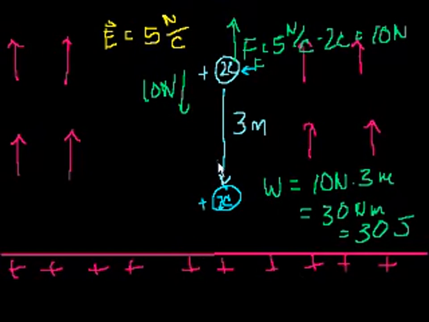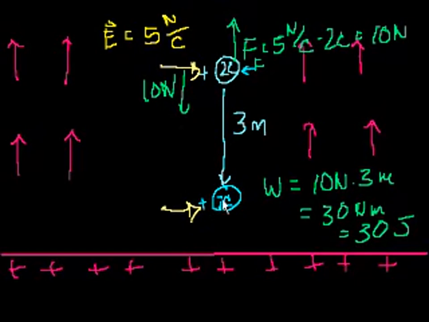And so we can now say, since it took us 30 joules of energy to move this charge from here to here, that within this uniform electric field, the potential energy of the charge here, relative to the charge being here. You always have to pick a point relative to where the potential is.